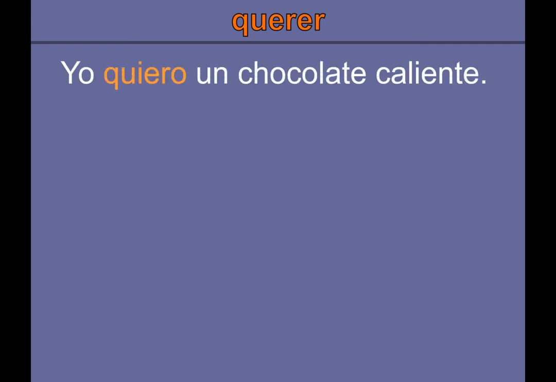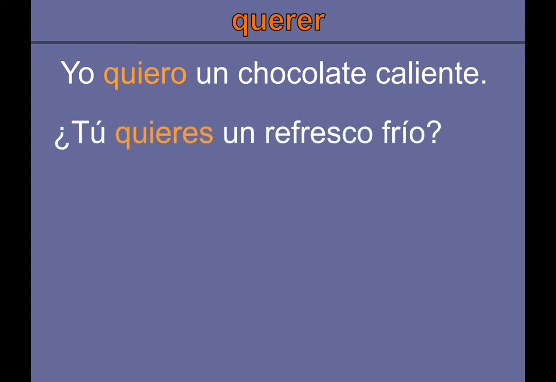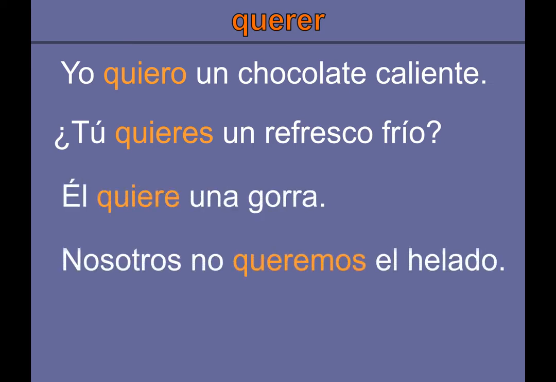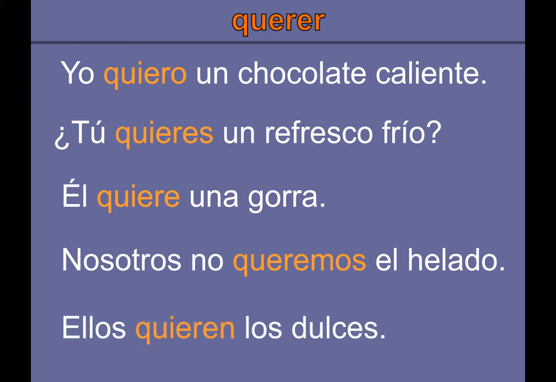Muy bien. Now let's look at the verb querer and let's look at the sentences together. Yo quiero un chocolate caliente. ¿Tú quieres un refresco frío? Él quiere una gorra. Nosotros no queremos el helado. Ellos quieren los dulces.